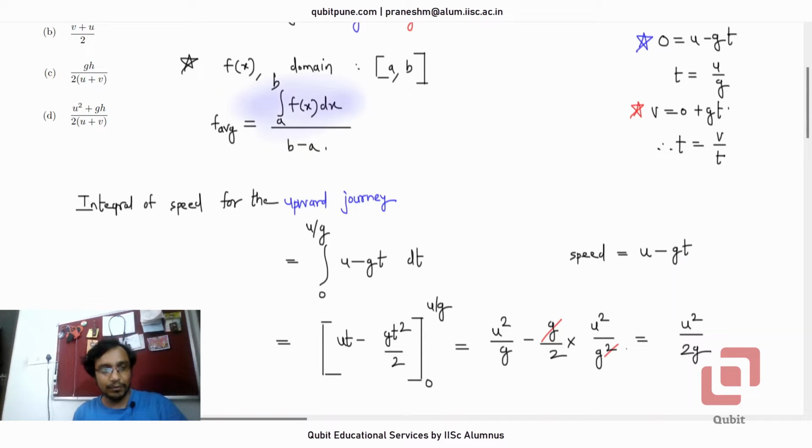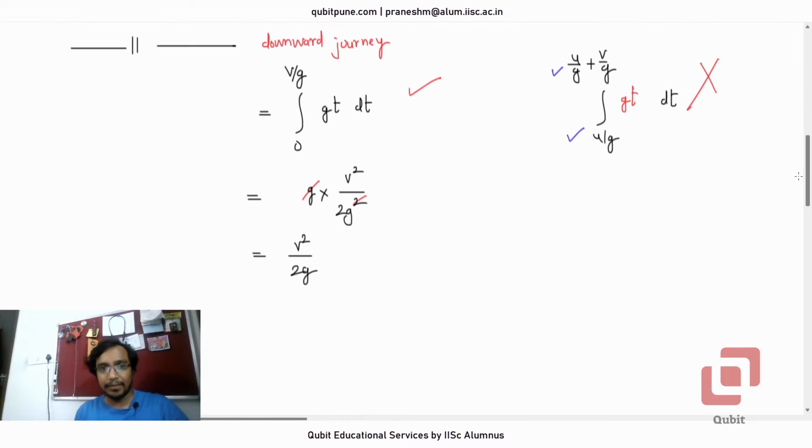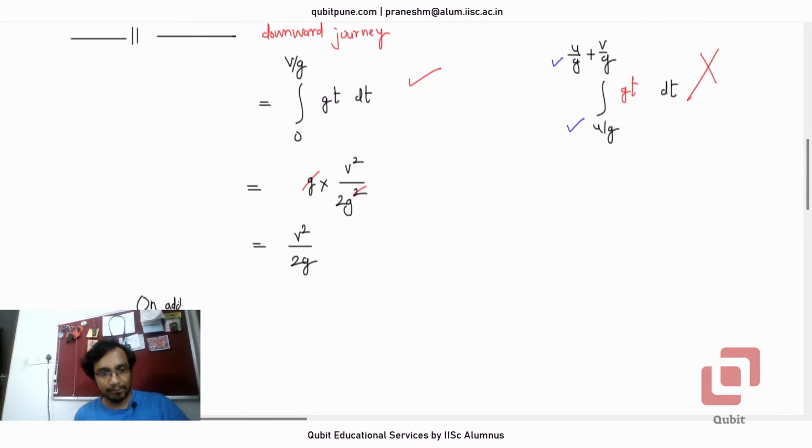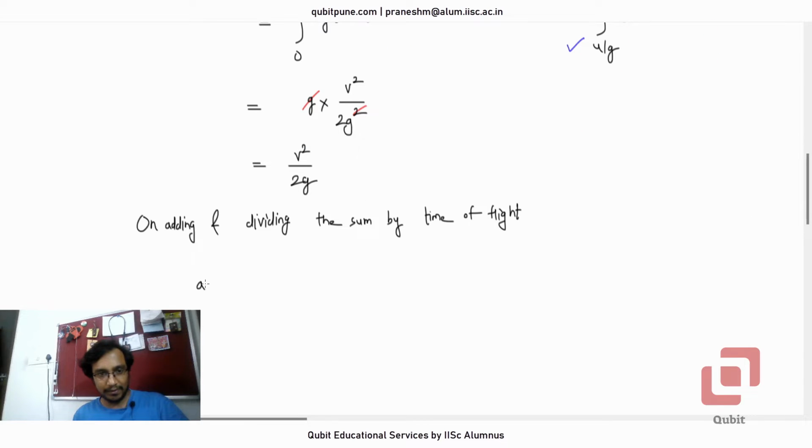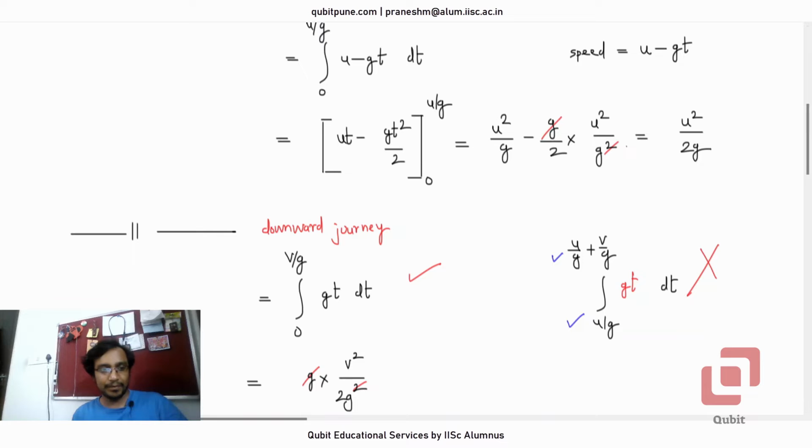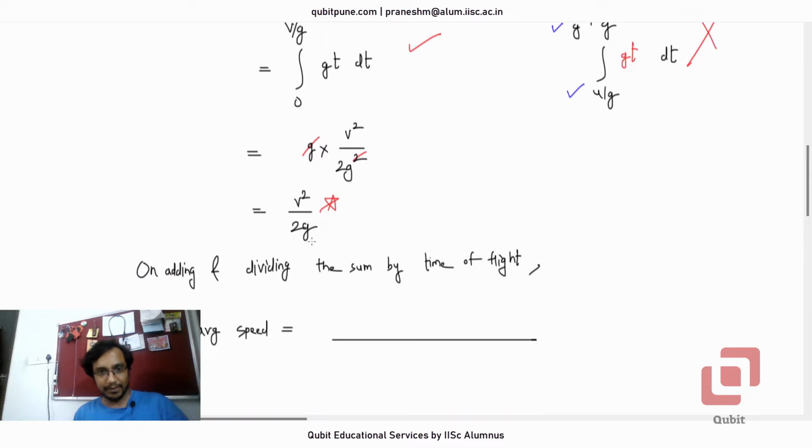Now what I am required to do is get back to this. So we must add the two integrals, and on adding and dividing the sum by the time of flight, we shall get the average speed. What are the two integrals that we are adding? The first one is u squared by 2g, and the second one is v squared by 2g.